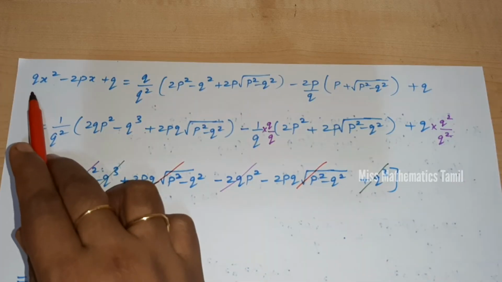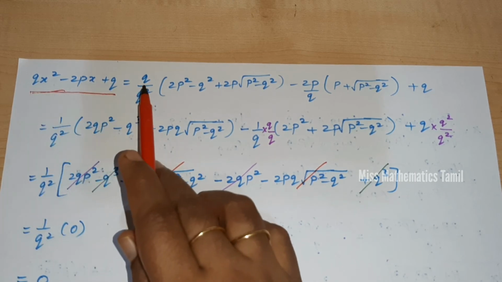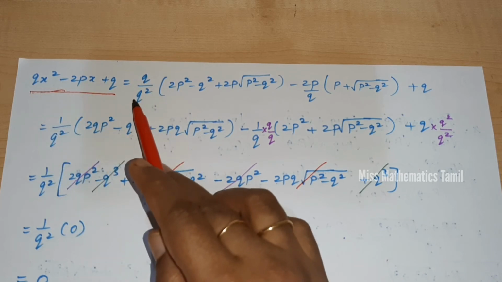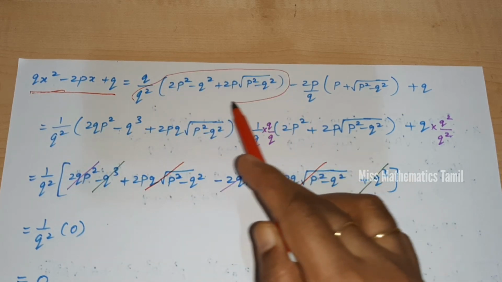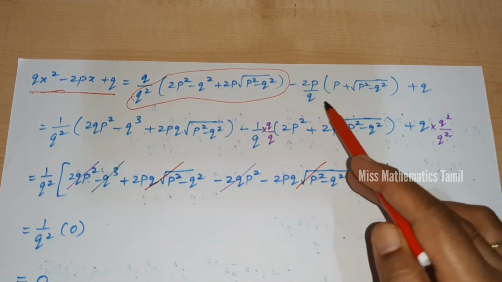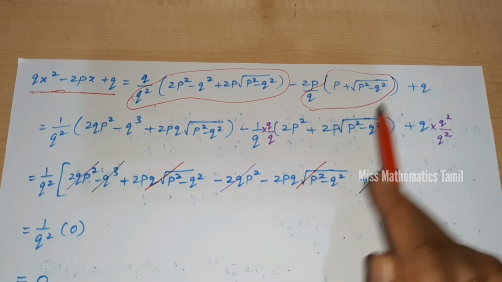Okay, I am writing here this question. q into, what is the x square? This portion is x square minus 2p, this is x plus q.